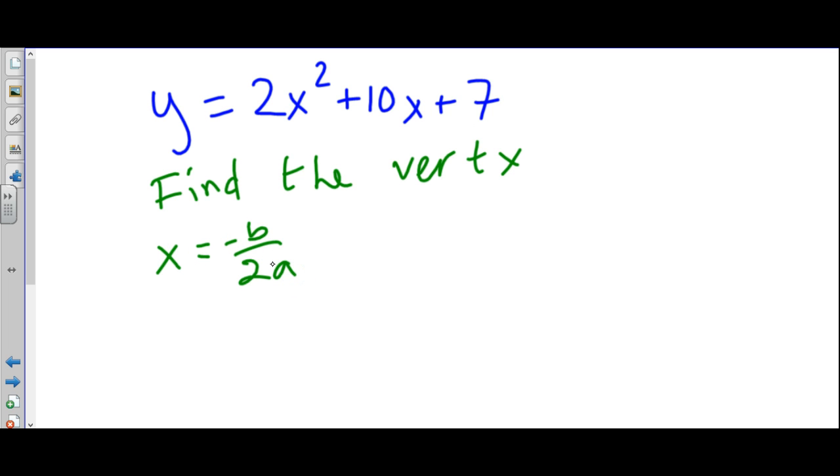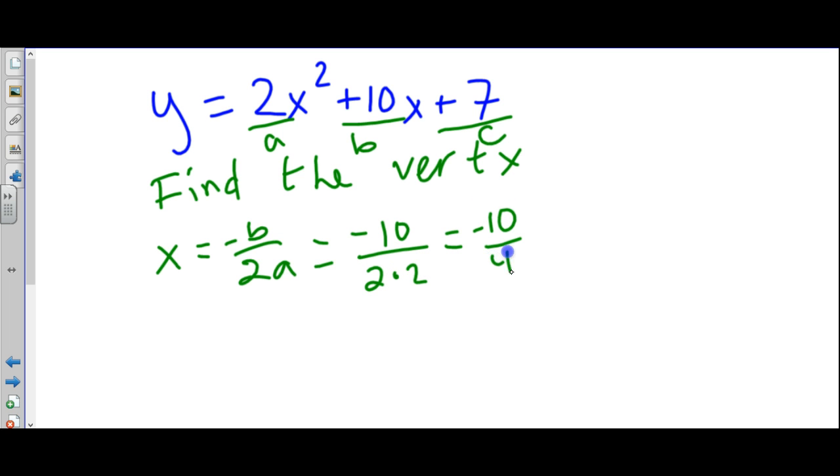That formula will give you the x-coordinate of the vertex every time. So when we're looking at a quadratic, the number in front of x squared is a, the number in front of x is b, and the last number is c. So we need to plug this in. Negative b is negative 10, divided by 2a. 2 times 2 is 4. So negative 10 over 4, when we divide that, we're going to get a decimal, negative 2.5.